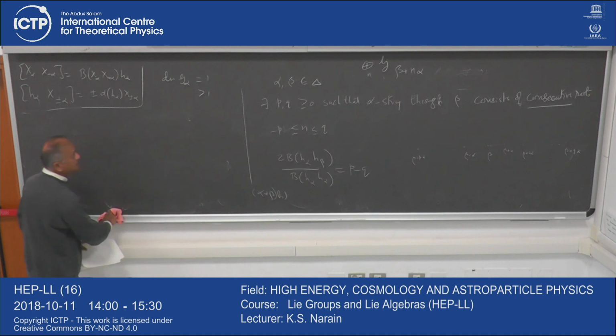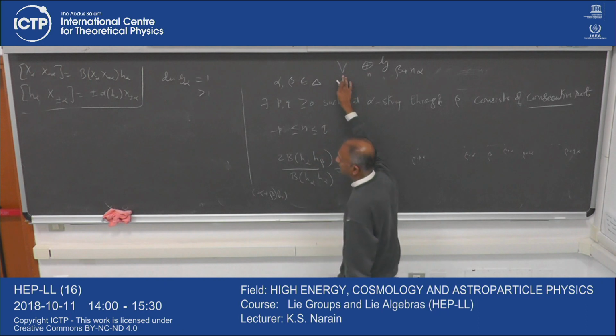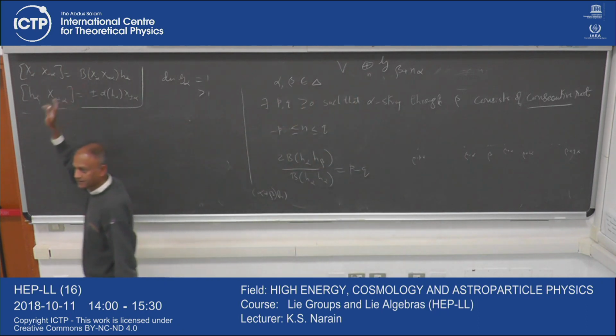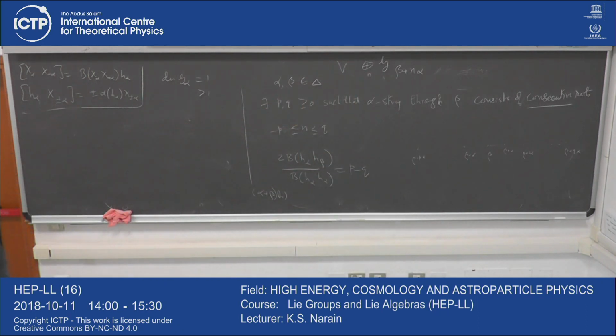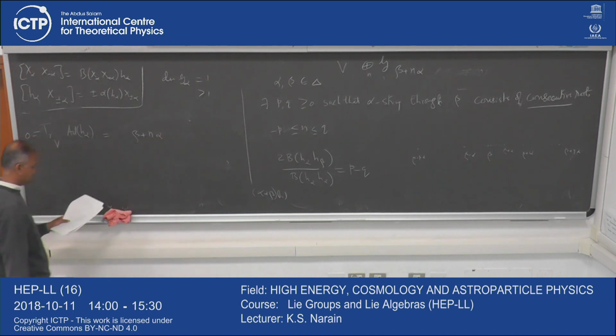As we know that this V is invariant under the action of x alpha and x minus alpha, the trace over V of ad h alpha is 0. And this space is nothing else but beta plus n alpha.